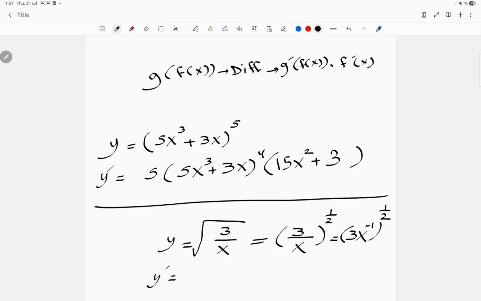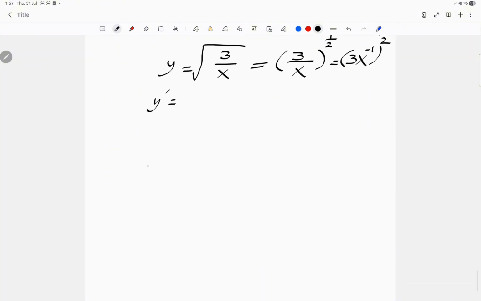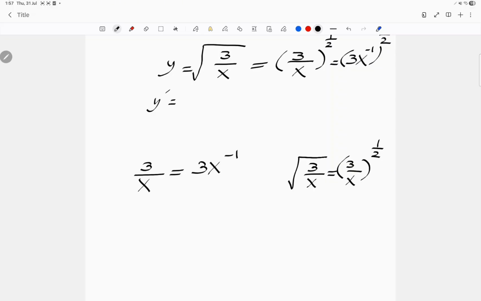Do you agree? If I have 3 over x, is it the same as 3x to the power of negative 1? And if I have the root of 3 over x, same thing as (3 over x) to the power of half. We agree on that. And now it's time to differentiate.